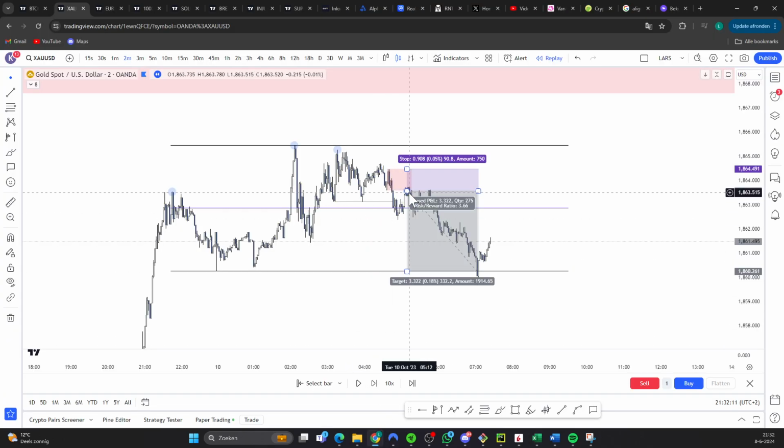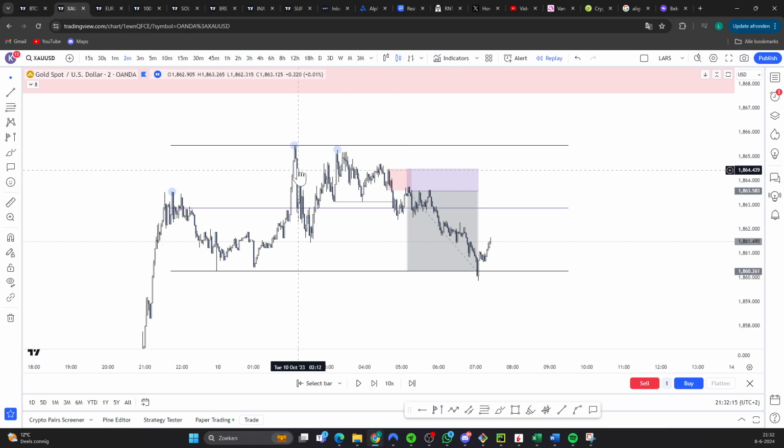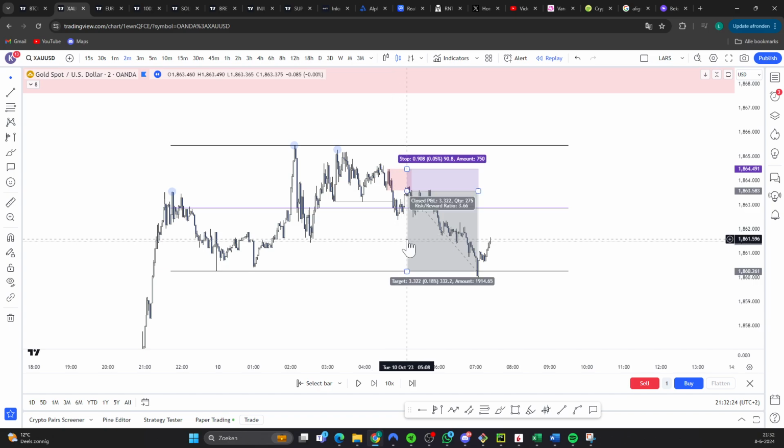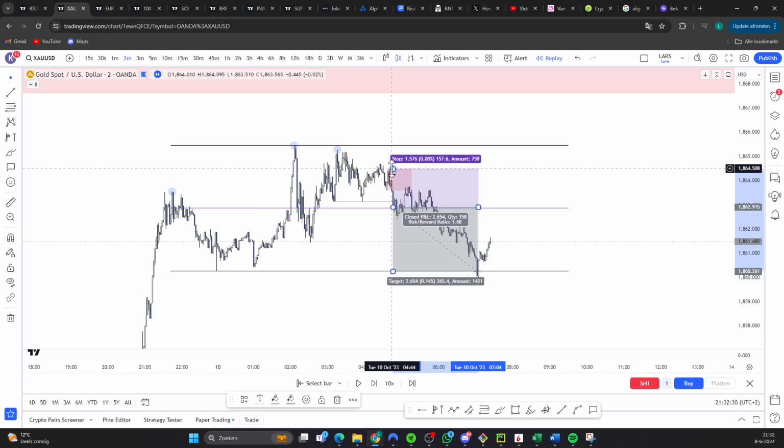The 10th of October, 510. These are also the after hours lows, Asia highs. What would the risk to reward be on the break?